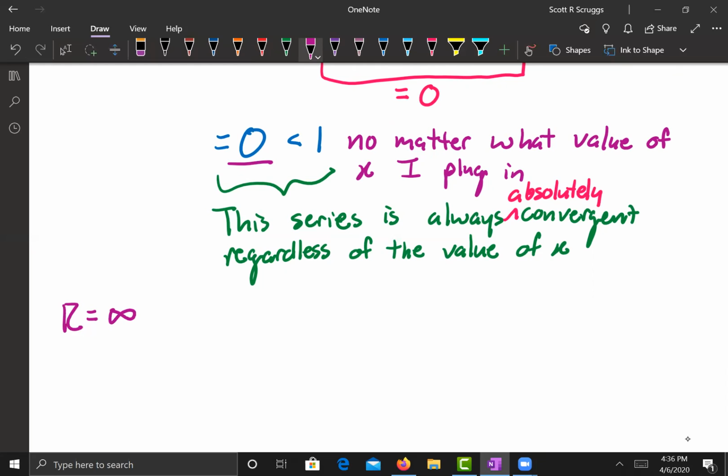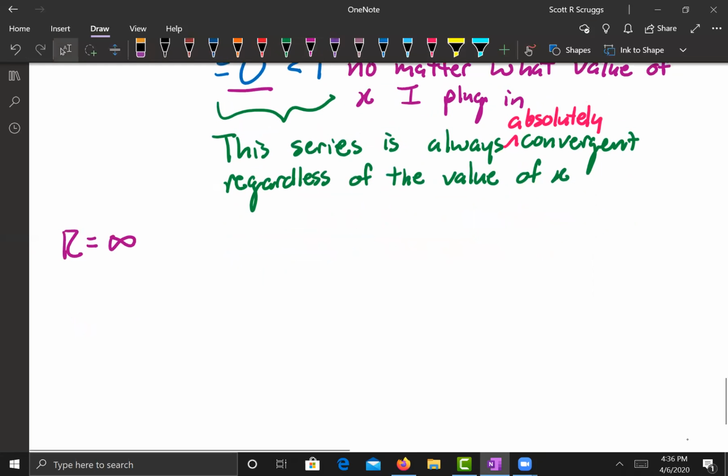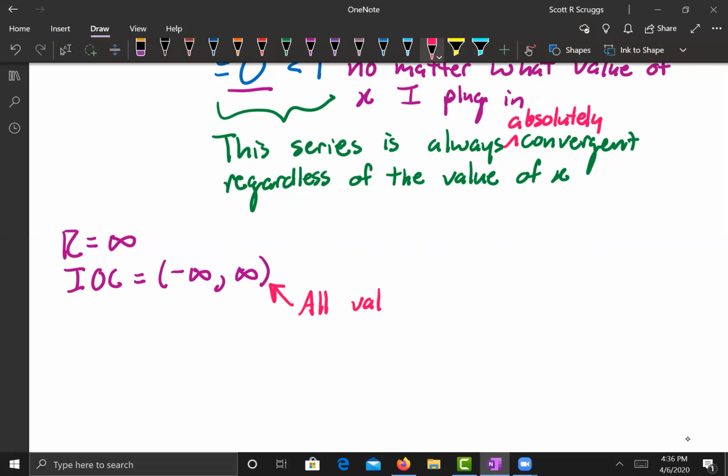Upside down infinity. Nice. And what that also tells me is that the interval of convergence, well, if my radius of convergence is infinity, that means my interval of convergence is negative infinity to infinity, which essentially tells us what I wrote in green, that all values for x will still make the series convergent.